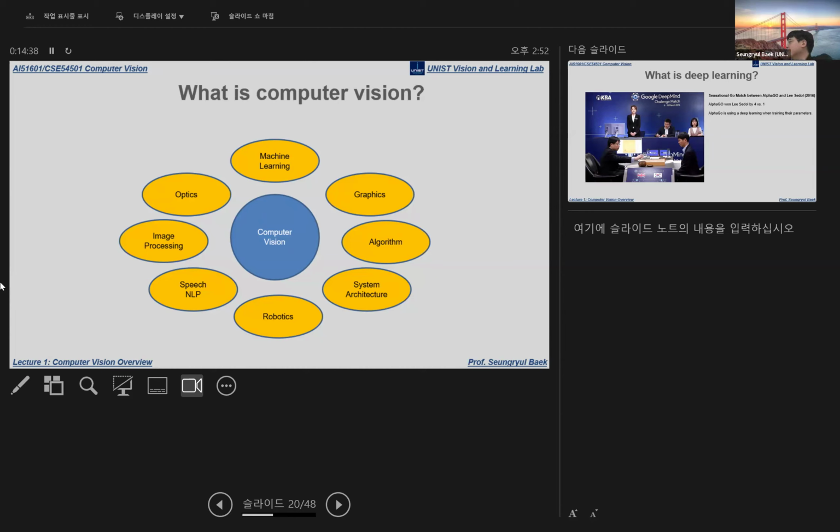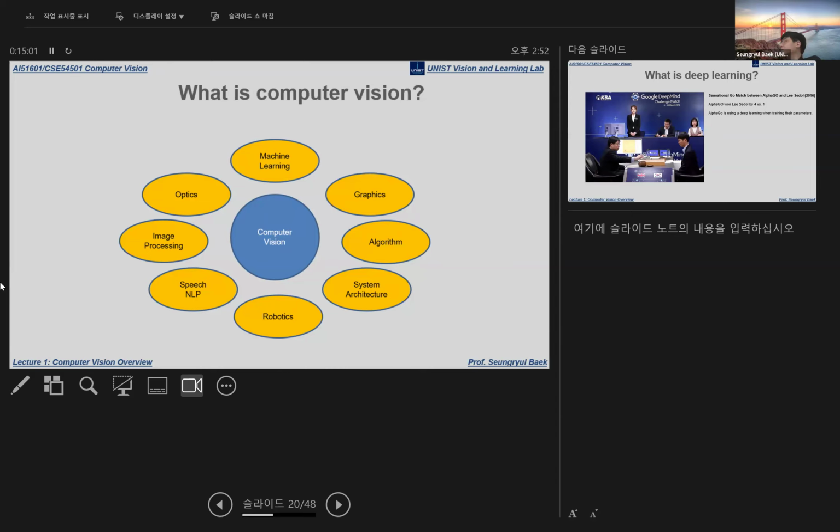So computer vision is the field that makes AI algorithms that mimic the human eye. We humans see objects through our eyes, right?